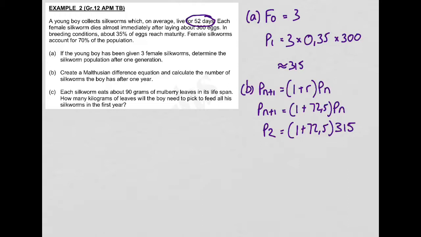And we then say brackets 1 plus 72,5, close bracket, times your answer, and we get population 2 equal to 23,152,5 silkworms. Obviously, we know that's not accurate or exact, but we use the number until we round off at the end. So we've got population 2.